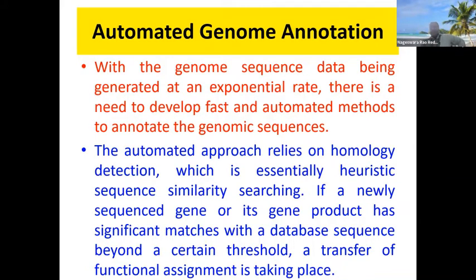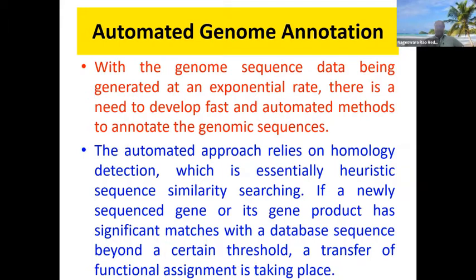What are other possible things that have led to automation of genome annotation? One is the huge computational resources which are available for annotating the genome automatically. Now the data has increased and it is made simple: a simple homology method can be used to detect two gene products which are similar, and then assign a function to them.